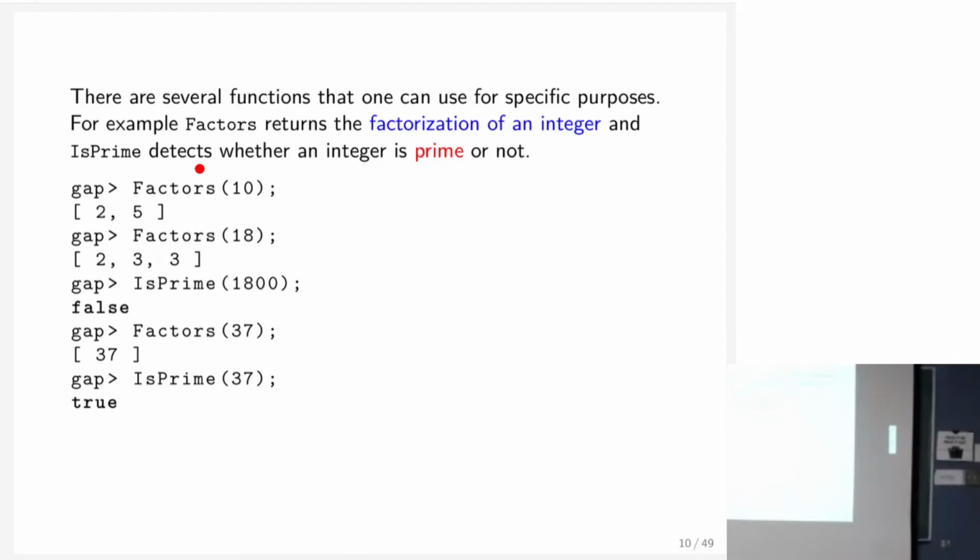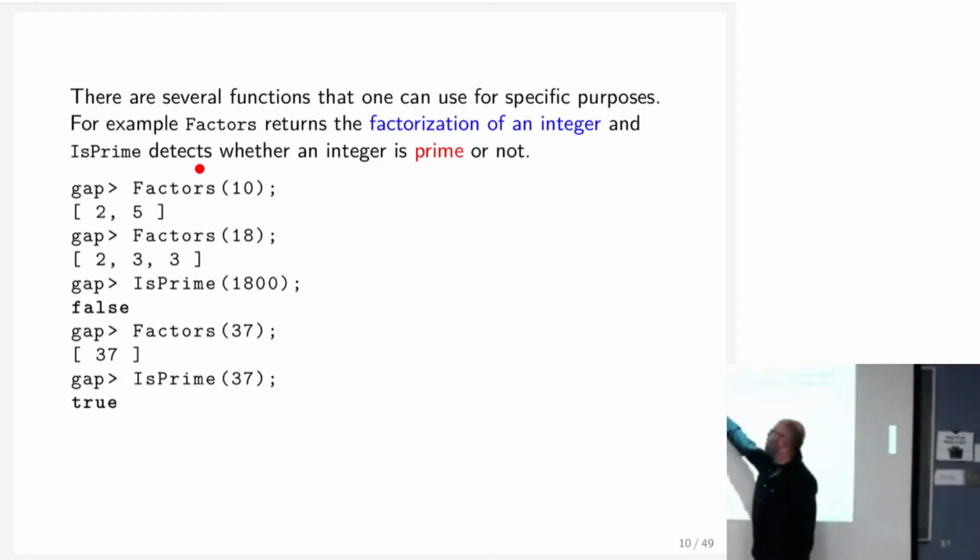Good. And then of course you have several functions for very particular purposes. For example, factors will return the factorization of an integer. But maybe if you apply the same function to a polynomial, you will get the factorization of a polynomial, or who knows. IsPrime, for example, detects whether an integer is prime or not. And here we have some experiments.